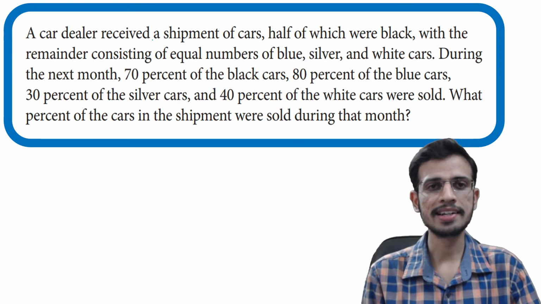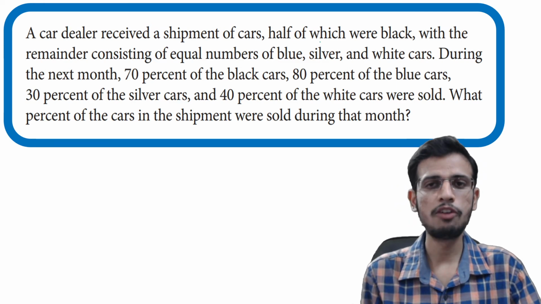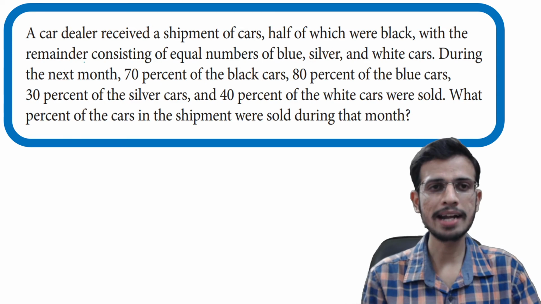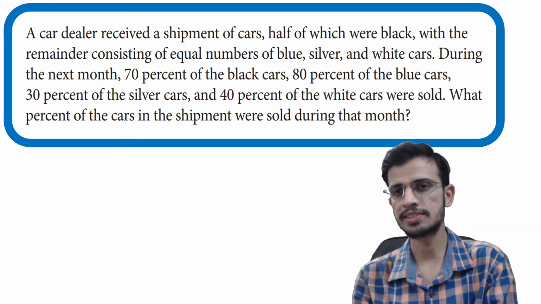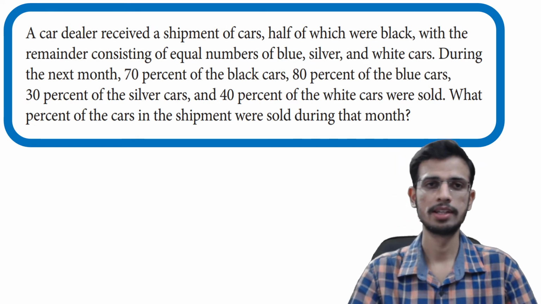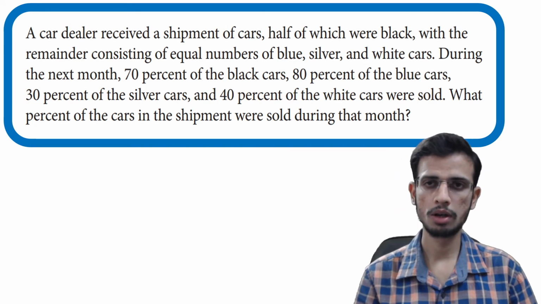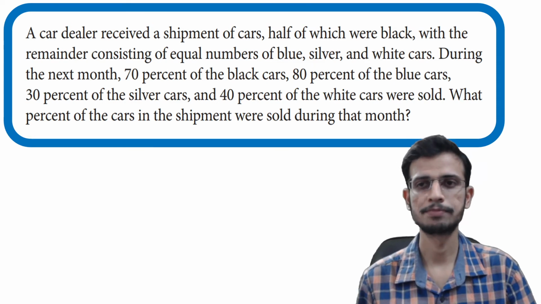A car dealer received a shipment of cars, half of which are black, with the remainder consisting of equal numbers of blue, silver and white cars. He got a shipment of black cars, blue cars, silver cars and white cars.